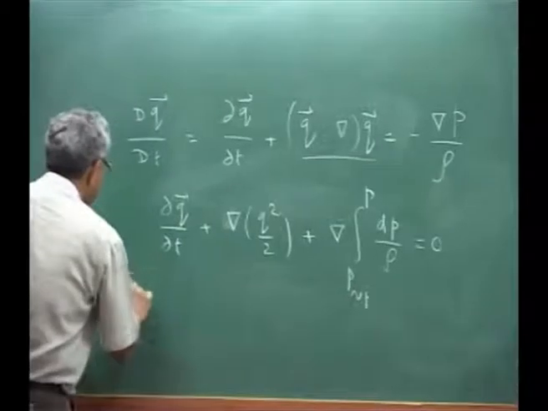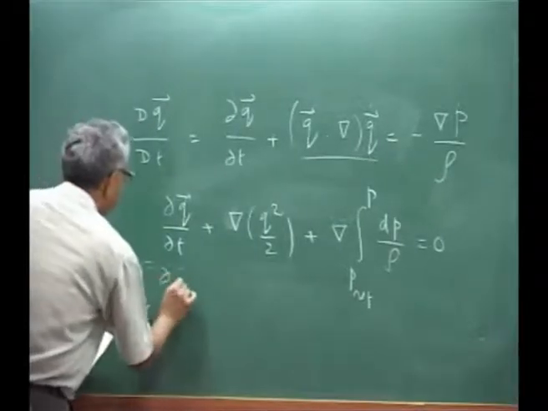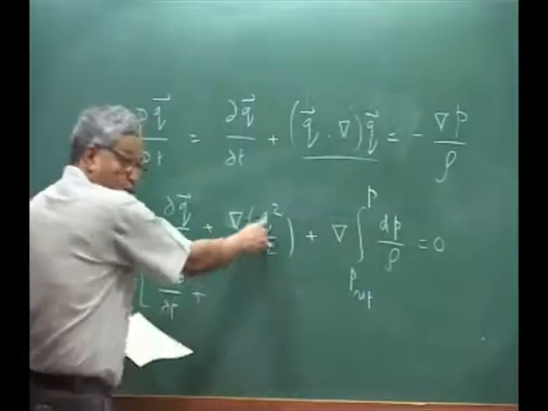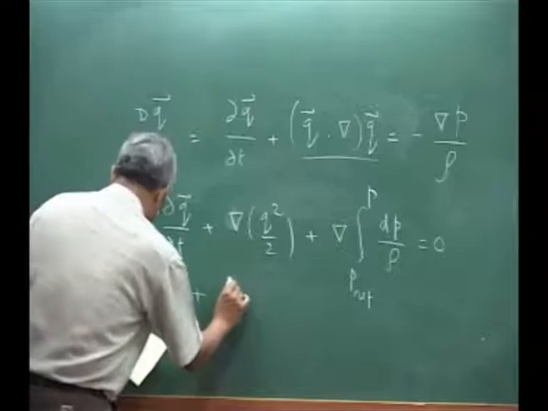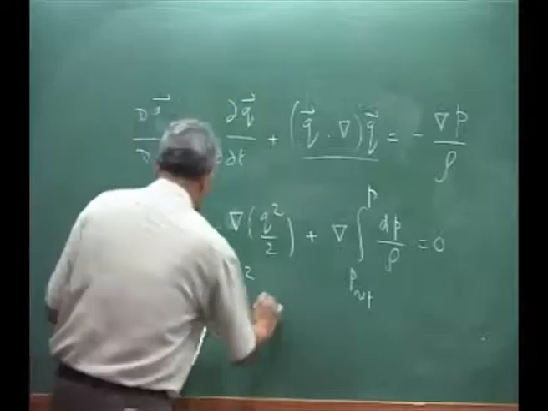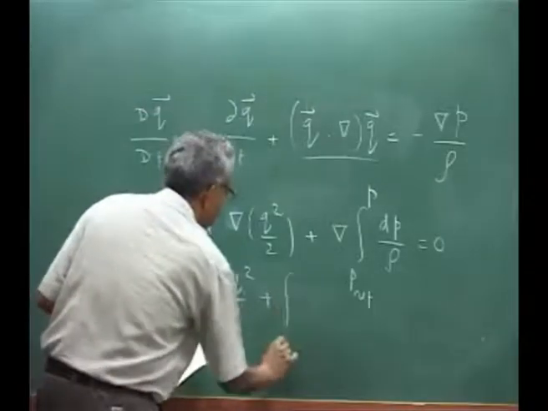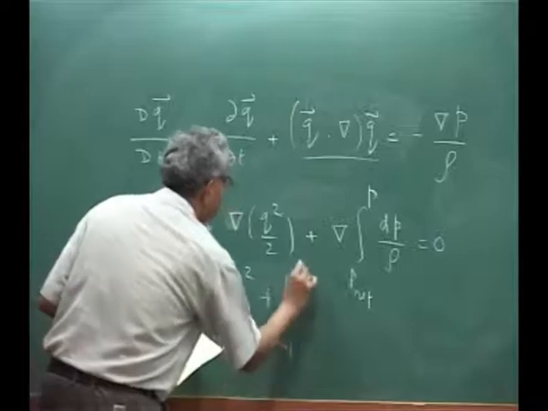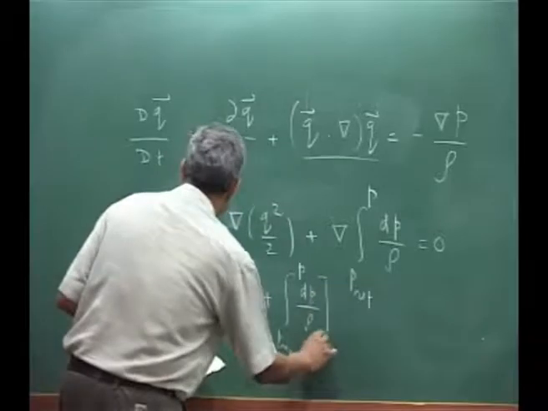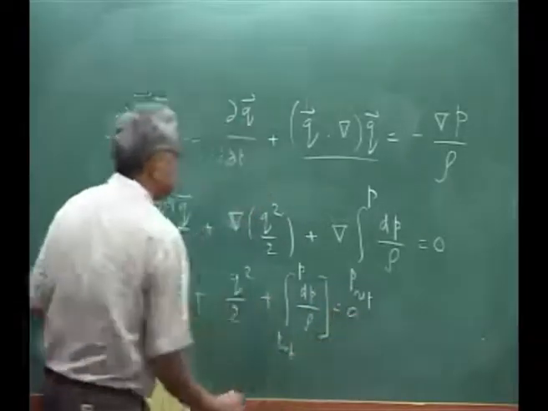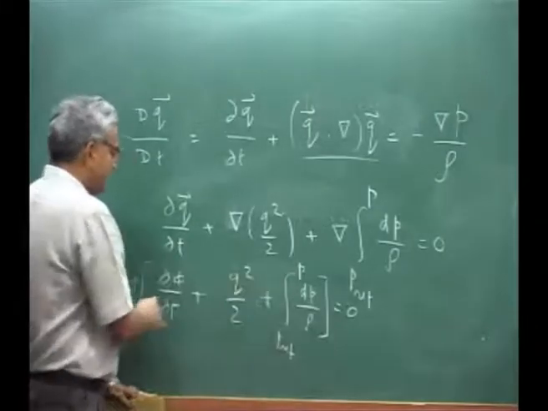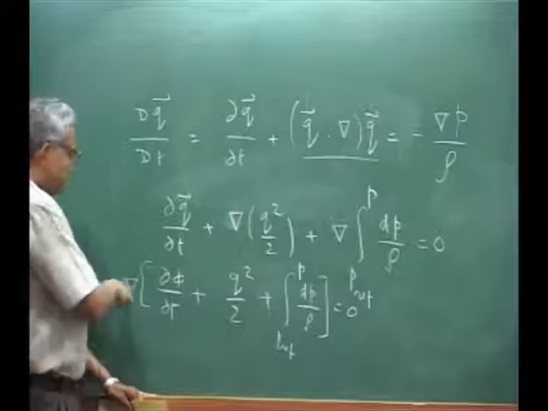So I can write it as del of delta phi over delta t plus q square over 2 plus the integral from p reference to p of dp over rho is 0, which means this quantity is again independent of the position.